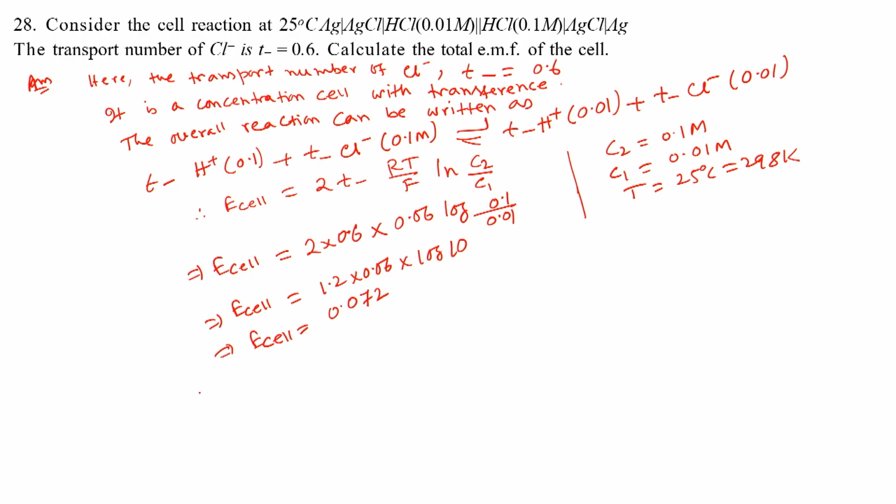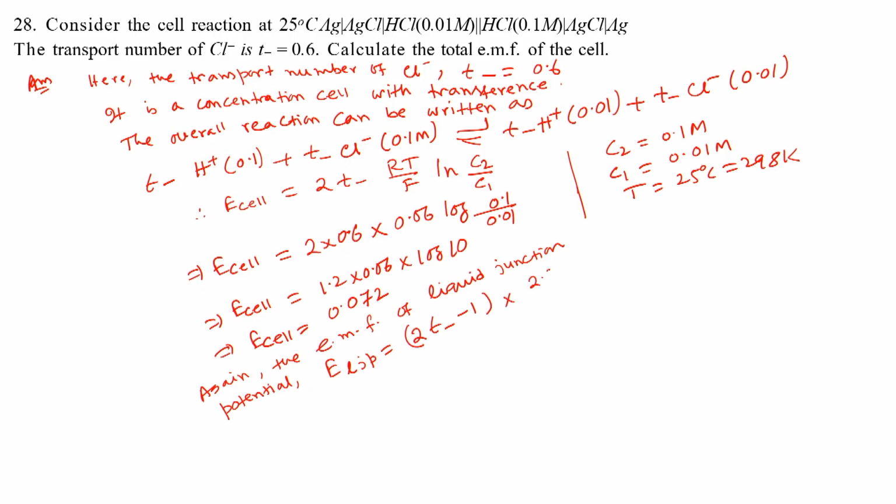Okay. Now we need to also calculate ELJP, the liquid junction potential. ELJP is twice T minus minus 1 times 2.303 RT by F log 0.1 by 0.01.